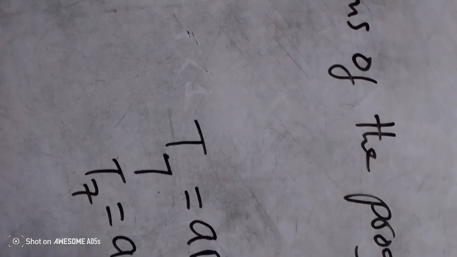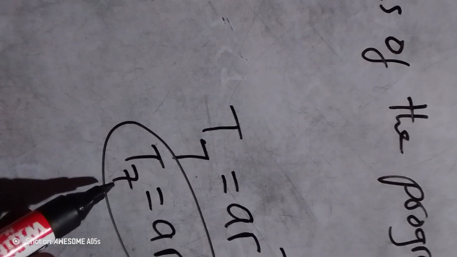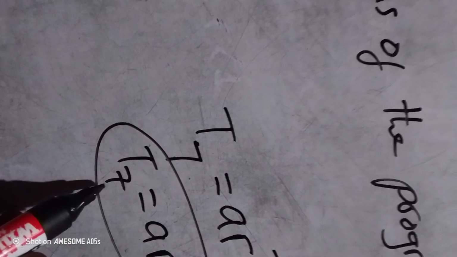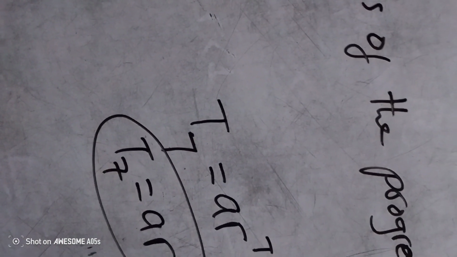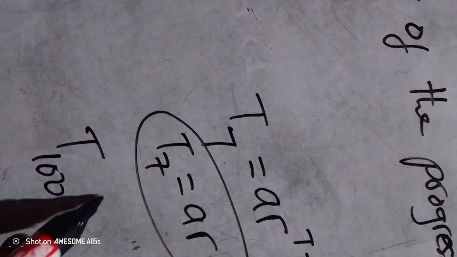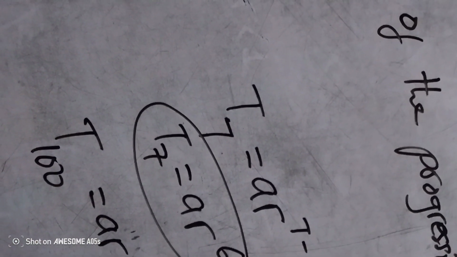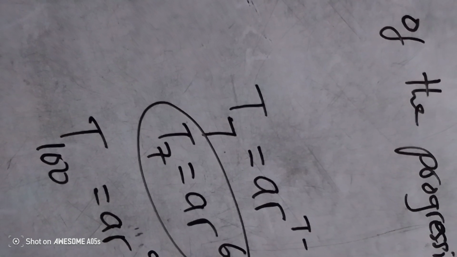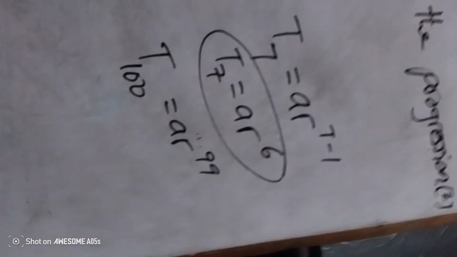So if the term is the 7th, the power of r will be less by 1. Suppose the term is the 100th, we expect to have 99 there. So that is the idea.